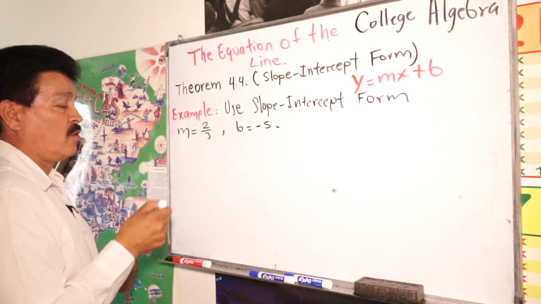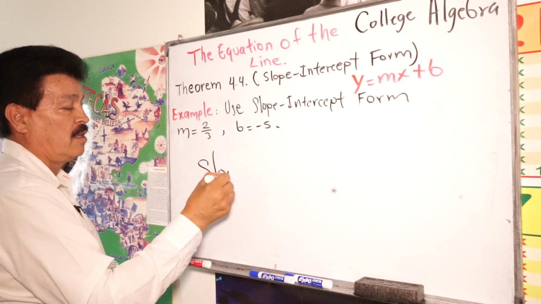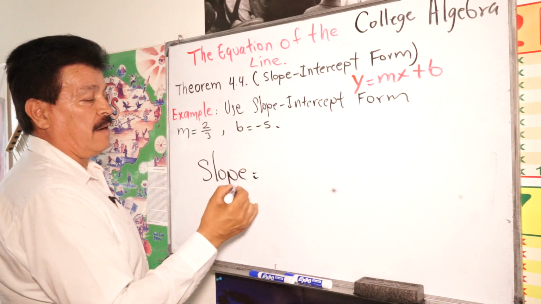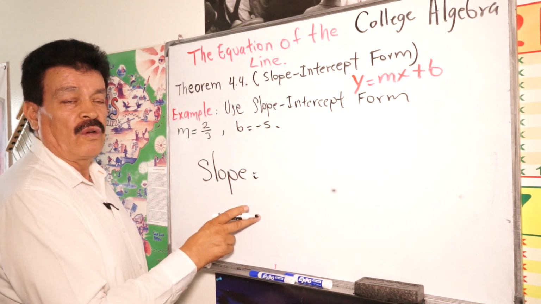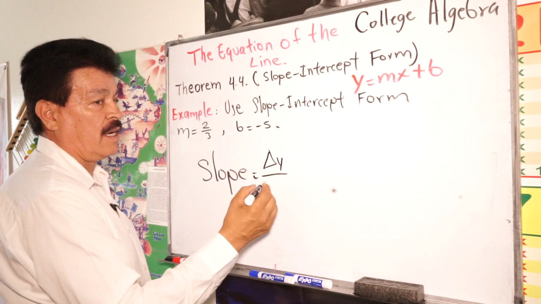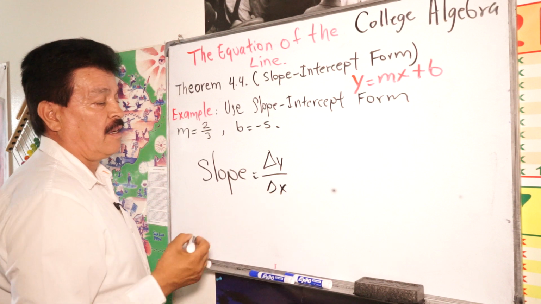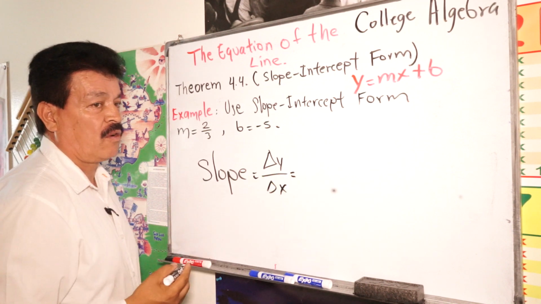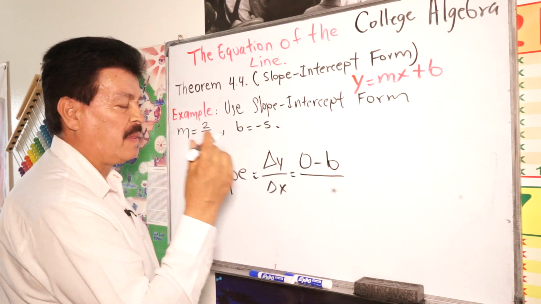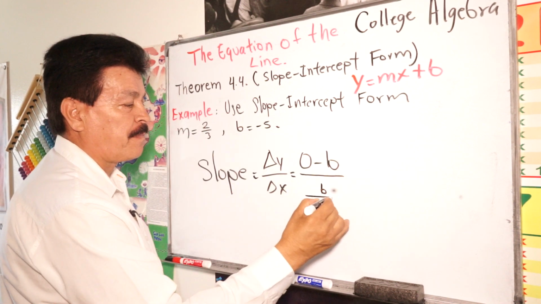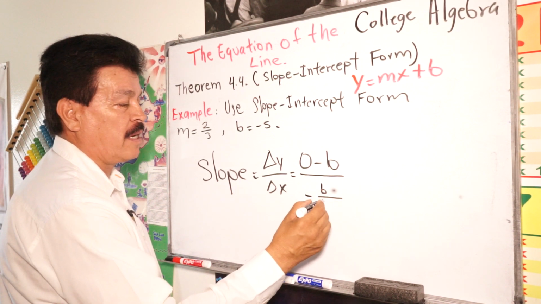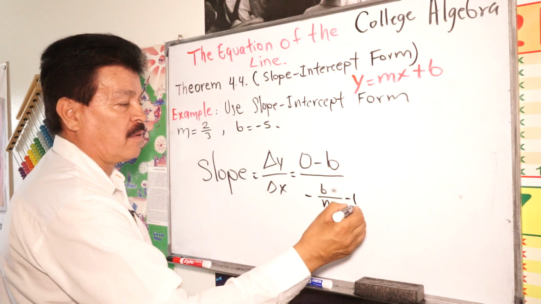Another piece of information: when you have a slope, let me explain the conclusion. What is the slope? When you have the change in y divided by the change in x, we have 0 minus b, over negative b over m, minus 0.